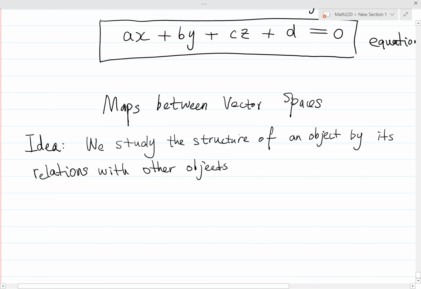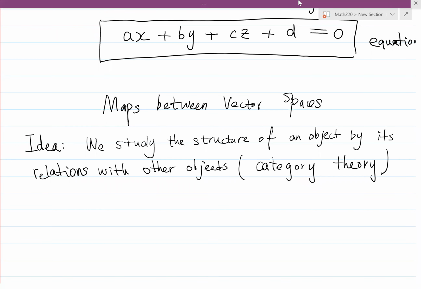This philosophy was developed into a branch of mathematics called category theory. This is actually the foundation of mathematics. People first realized the foundation as set theory, by Cantor.